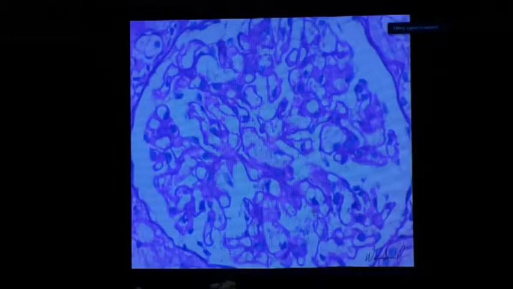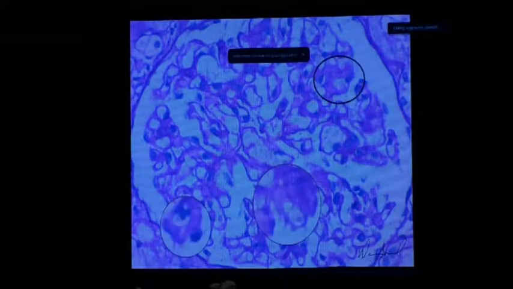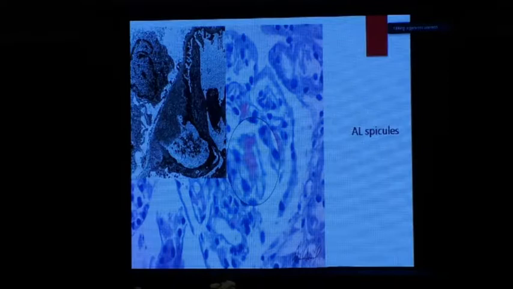And now, this is a normal glomerulus, or what looks like a normal glomerulus, from a patient with proteinuria, and you don't see any of the features we have seen in all the pictures of amyloidosis, but let me show you. This is AL amyloid at higher magnification with Congo red, and this is how early and subtle AL amyloid can present. It typically forms what we call AL spicules within the basement membrane.